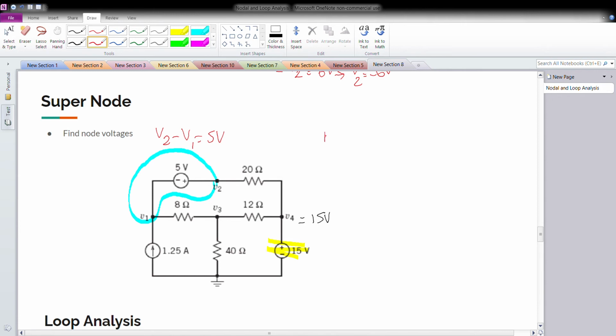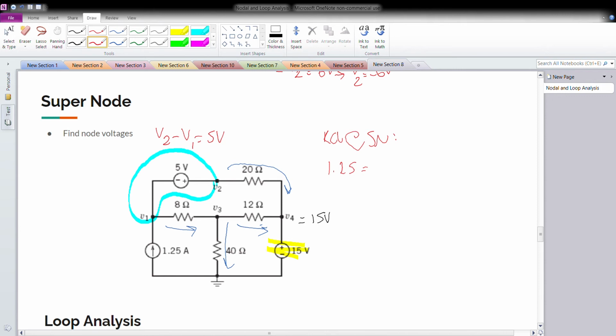So KCL at the supernode is going to give me, so 1.25 amps is going in. I'm going to define my other currents. Let's say this one's going out, and then this one's also going out. I'm going to define this one this way, and then this one also going out. Okay, so I'm going to have 1.25 equals, because that's going in, equals the ones that are going out. So I have the one that's going through the 8 ohm.